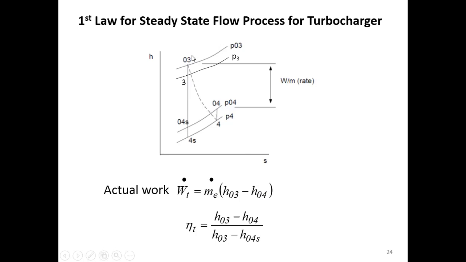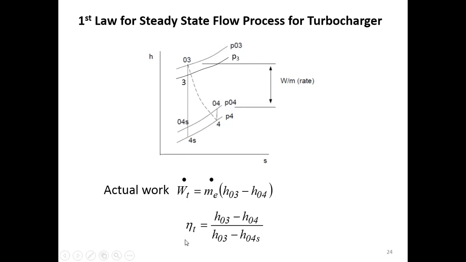So this will be the actual amount of work. The dotted line represents the actual process here, and the full line represents the isentropic process here.